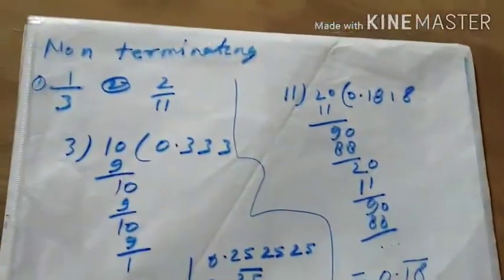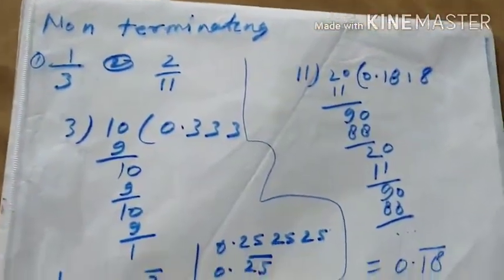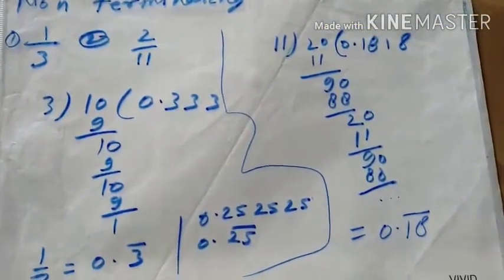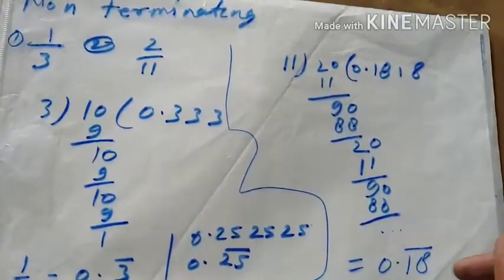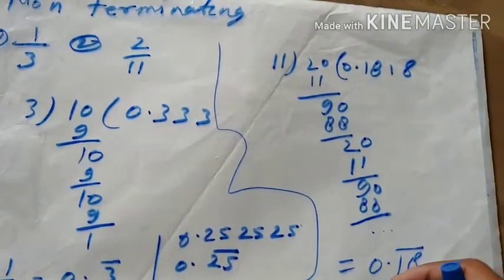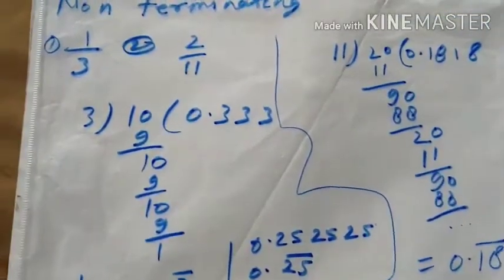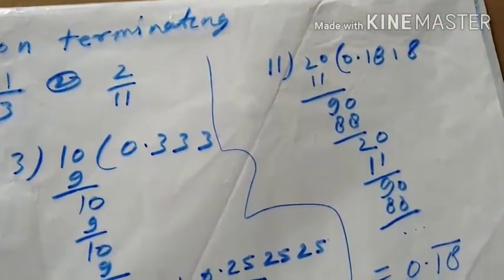So this is the concept of terminating and non-terminating. First of all, we can check directly how a number is terminating or non-terminating. I am going to reveal the secret. Suppose we are having a rational number in the form of p by q.